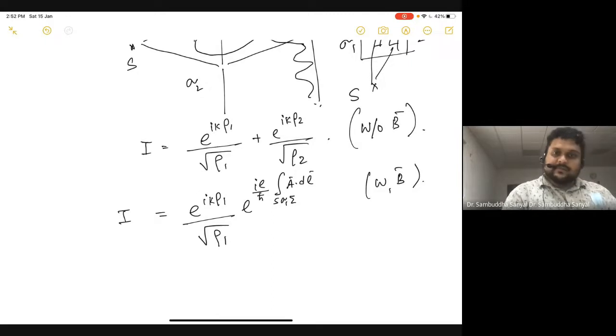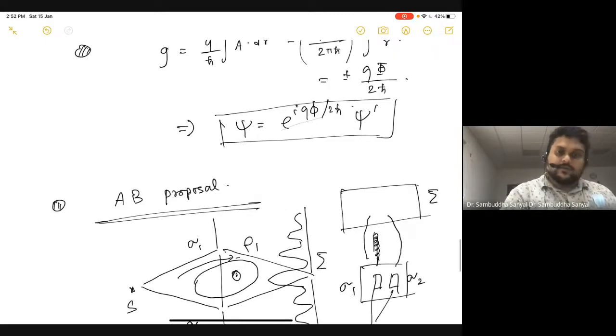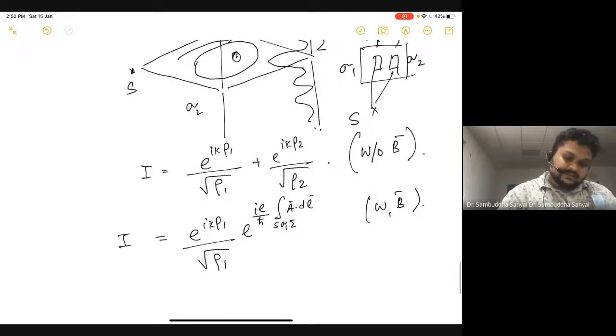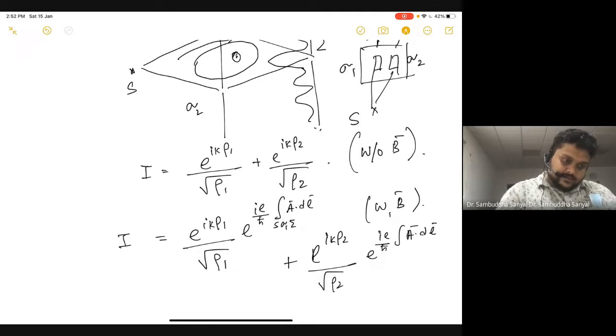It picks up a phase like this from the origin S, ending at sigma. Similarly, the other path gets e to the power ik rho 2 by root rho 2, times e to the power i e by h bar, integral of A dot dl from S through sigma 2 to sigma.